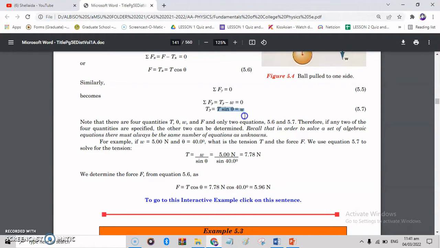So move sine theta to the bottom to get the tension. 5 Newton divided by sine 40 degrees, and your tension is 7.78. Now that you have the tension, you can use 5.6 to get the force. Force is equal to T cosine theta. Input the value of T and cosine of 40 degrees and you will get 5.96 Newton.